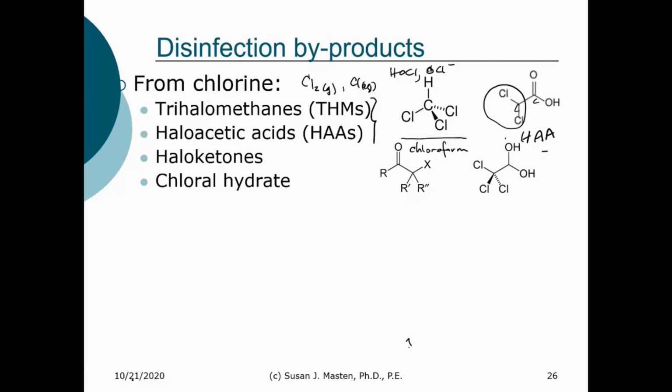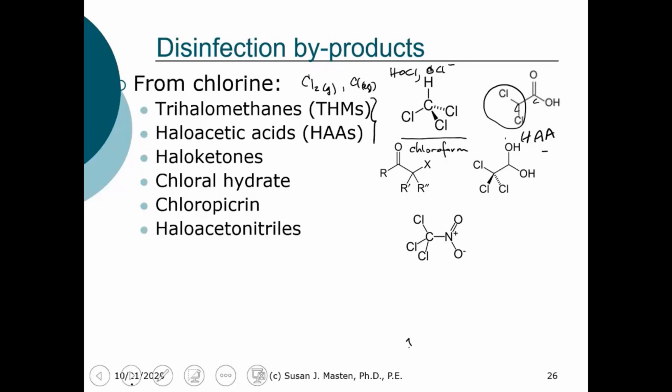So again, we have C2, 3 chlorines, and in this case, we have 2 OH groups. Can form chloropicrin. Chloropicrin is regulated in much of Europe. It is not regulated in the United States. And it's a nitroso compound here with a carbon and 3 chlorines. Can produce haloacetonitriles. And this is a haloacetonitrile.